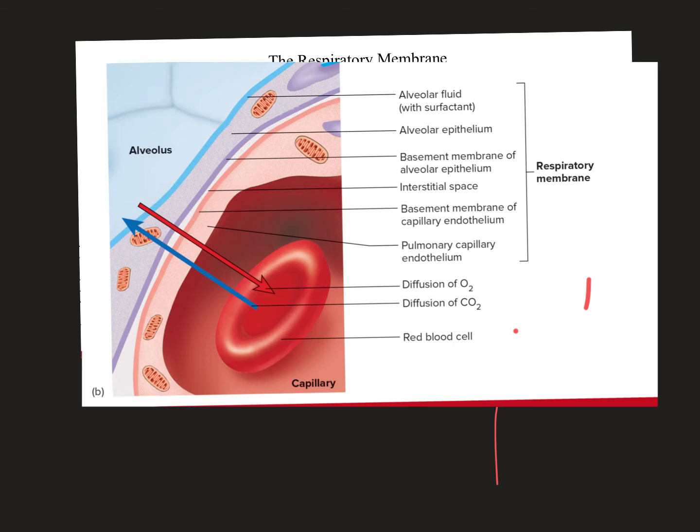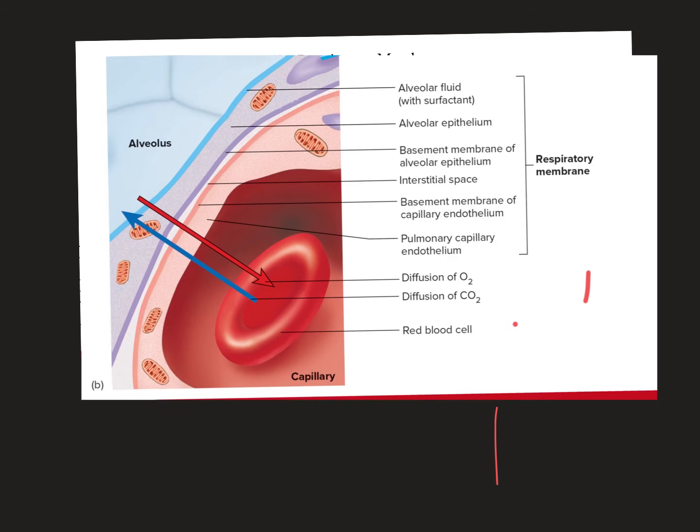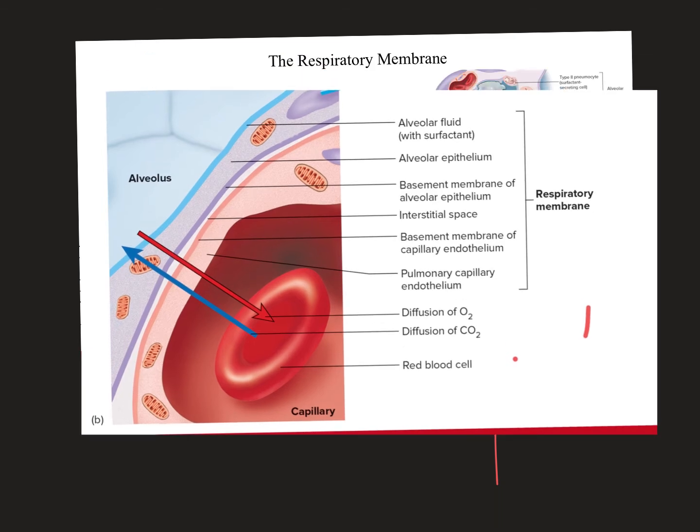All right, so oxygen is going to start in the alveolus. It's going to cross the alveolar fluid, the epithelium, the basement membrane, the interstitial space, all the way into the capillary.